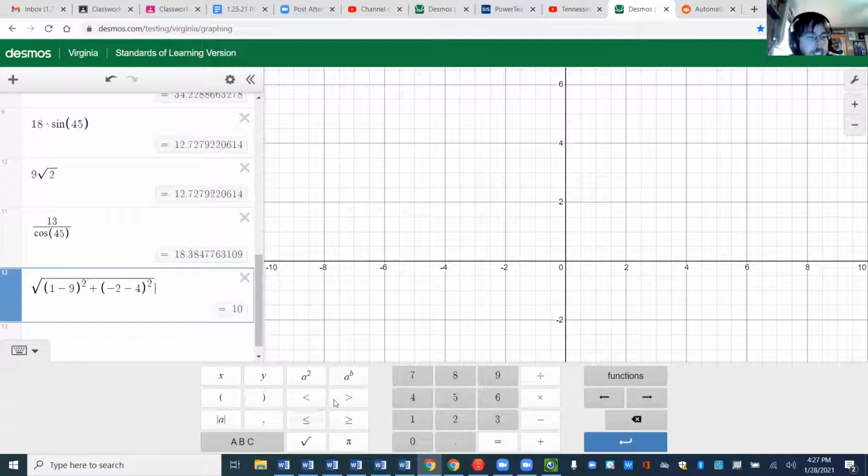And so you end up getting 10 for this answer. So the length of CD in this case would be 10. The calculator's a tool. Use it.